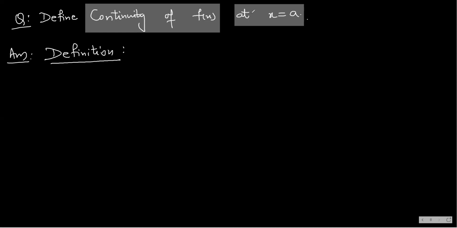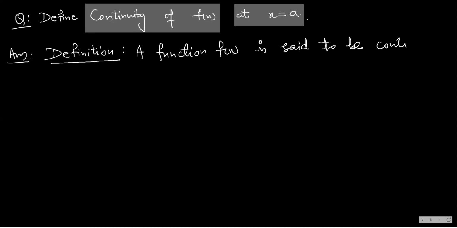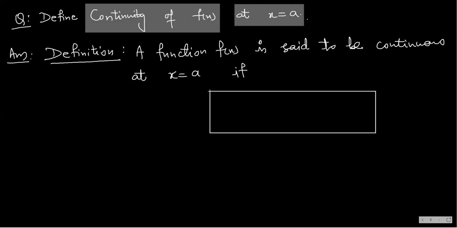So I write, a function f of x is said to be continuous at x equals to a if what, if this happens.